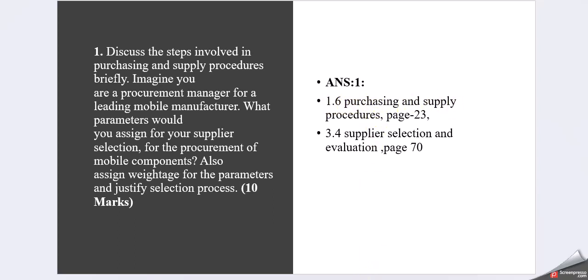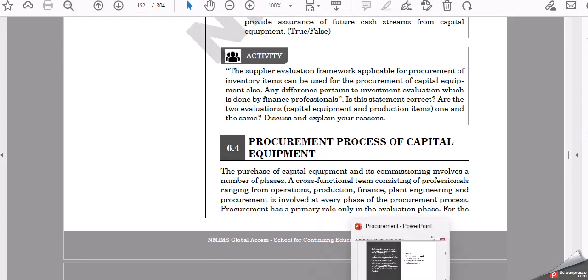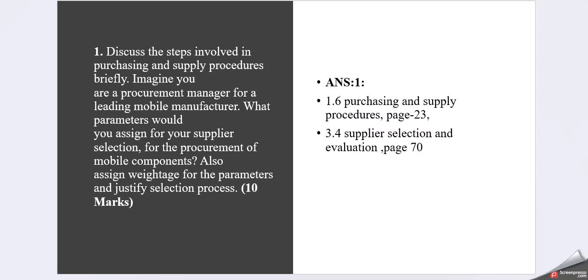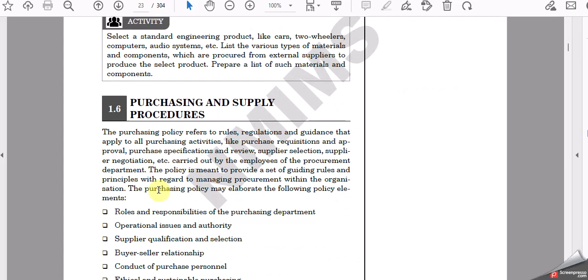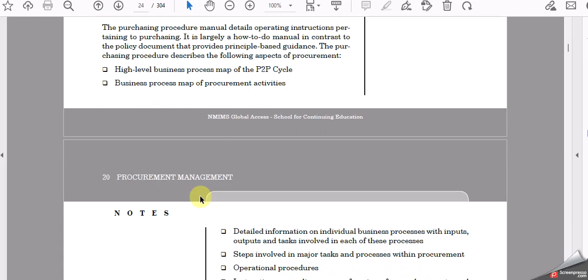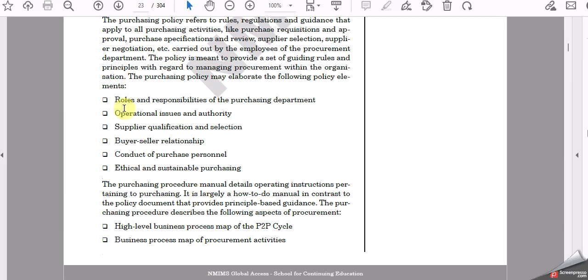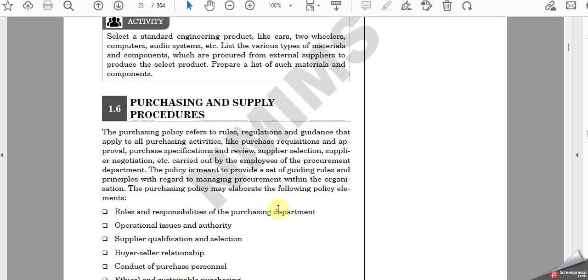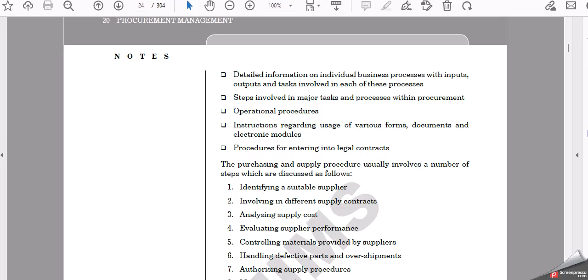Let me take you through the book, page number 23. Here you can see purchasing and supply chain procedures. So here you have enough information, and then you can look for some introduction and try to find information relevant to the question.